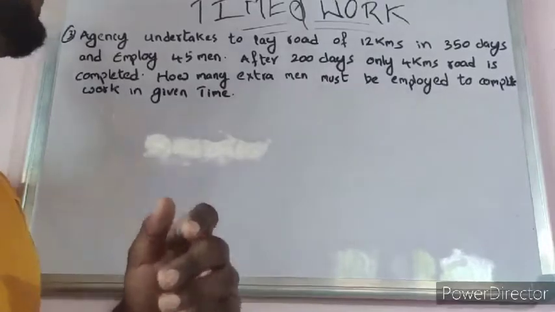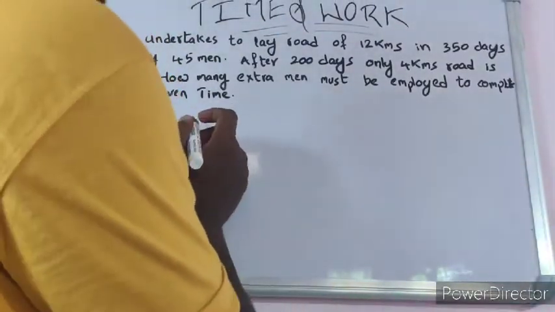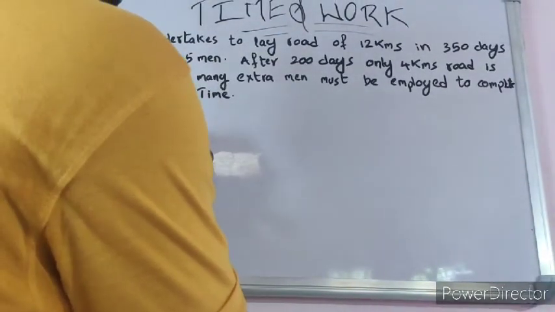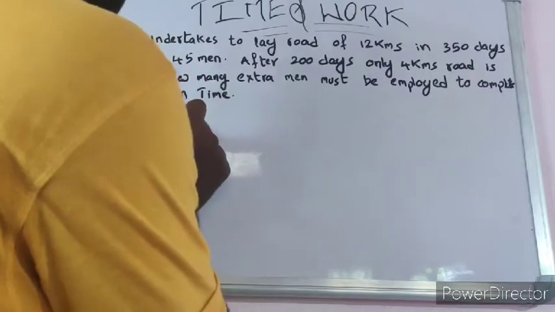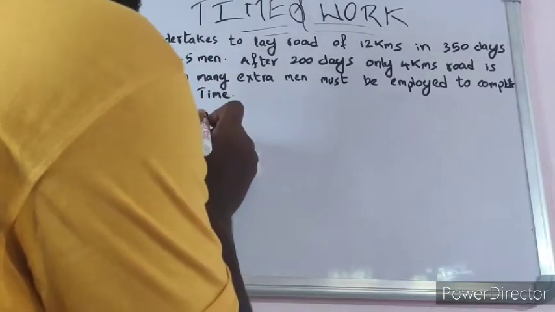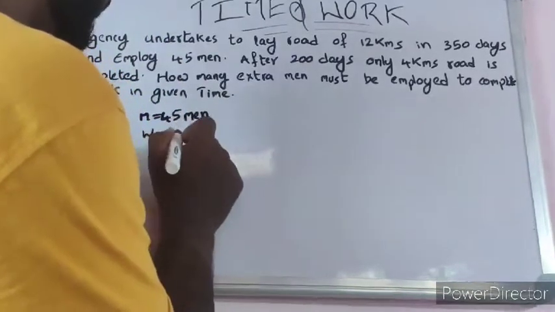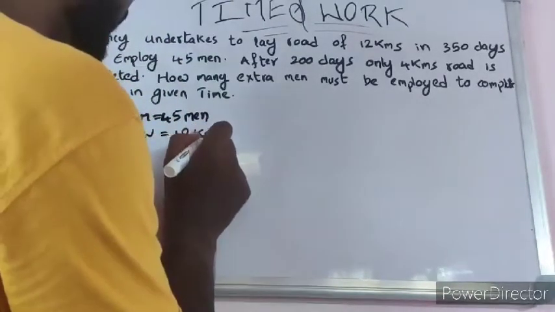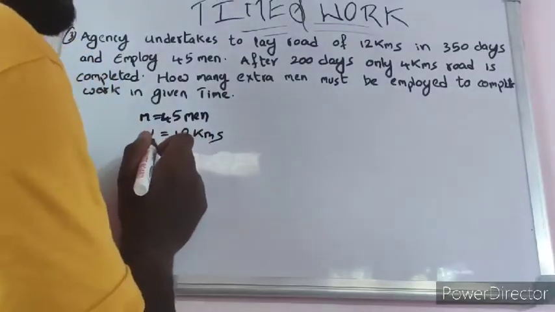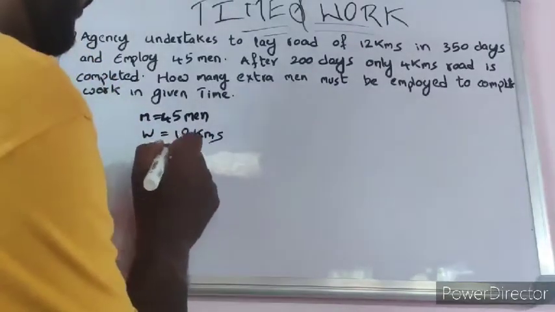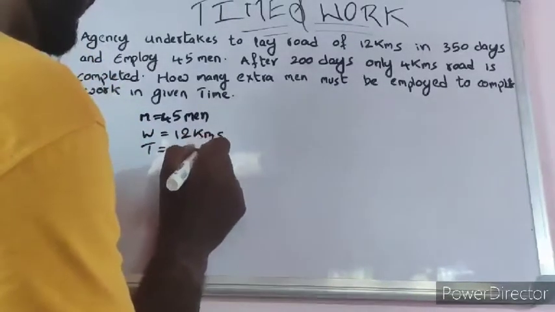What did it do? It employed how many men? 45 men, to lay a road. How many kilometers? 12 kilometers. And how many days? 350 days.